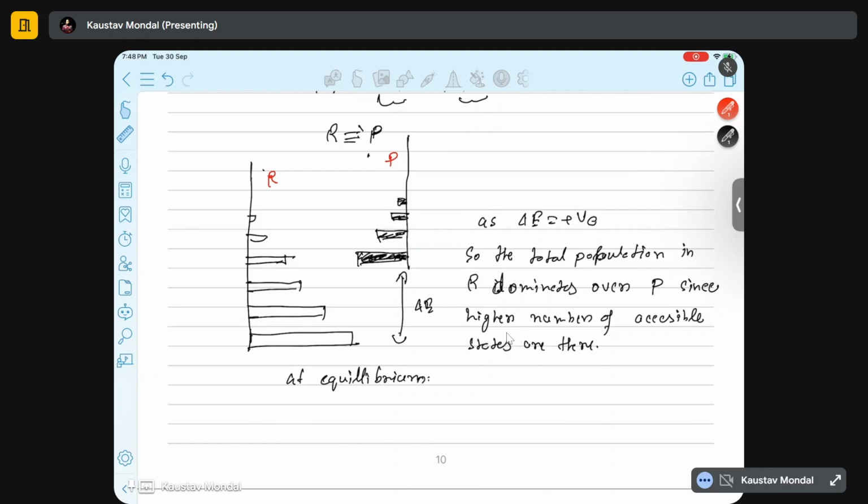So what I want to say is, if you can calculate this delta E, the change in the energy of reactants and products, from there you can basically get the enthalpy.